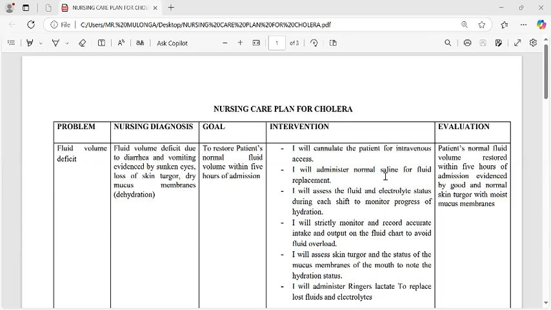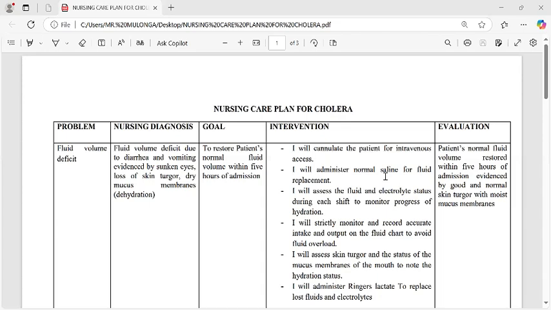Related to or due to, those are the causes. So why do we have fluid volume deficit? It is because of excessive diarrhea and vomiting experienced in cholera. Then how do we see that this patient is having fluid volume deficit? We see it by the signs of dehydration: sunken eyes, loss of skin turgor, dry mucosa membrane. So that is our diagnosis.